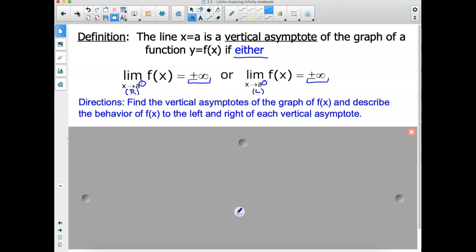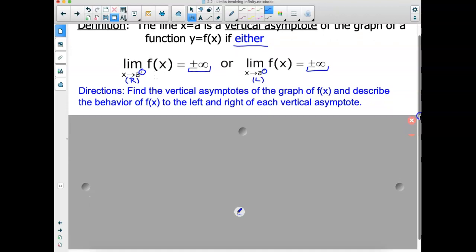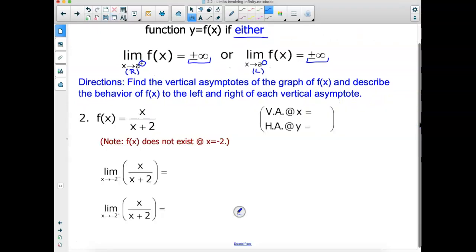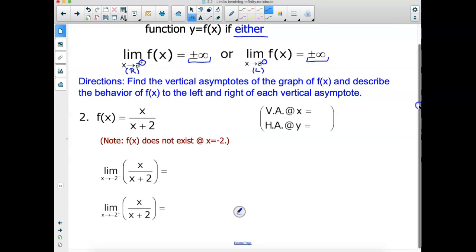Directions for finding. What we're going to do is find the vertical asymptote of the graph of f of x and describe the behavior of f of x to the left and right of each vertical asymptote. Now, I'm going to get rid of all this business here. And before we really get into here, there is some previous knowledge that you need to bring to the game here.